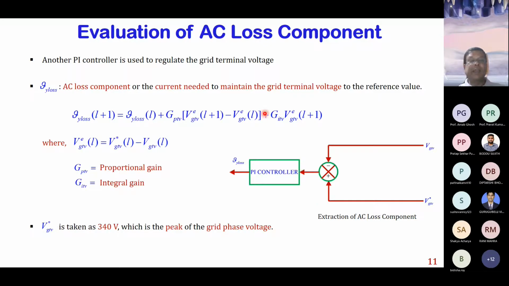And this is another PI controller that is used to maintain the AC loss component. This is the integral gain, and this is the proportional gain. This is basically used to maintain or regulate the grid terminal voltage. Okay.